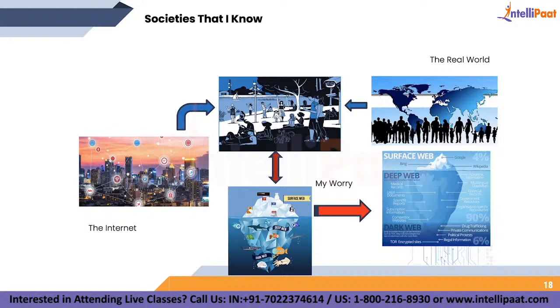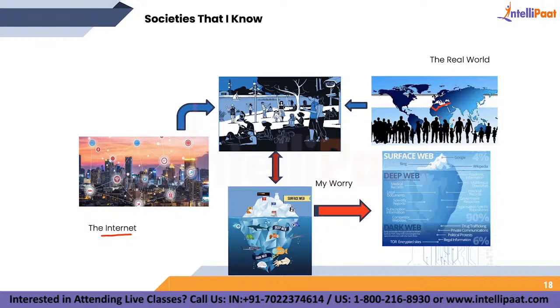So how many societies do you know? One society is where we know each other, where we can identify each other individually, with a name and identification. The second society is the internet, where we are connected like netizens with a Twitter handle, a Facebook ID, or an Instagram ID.